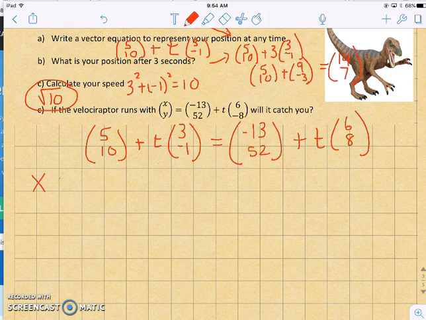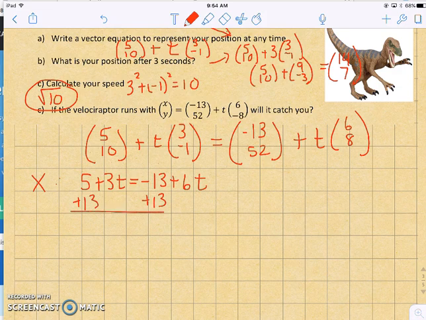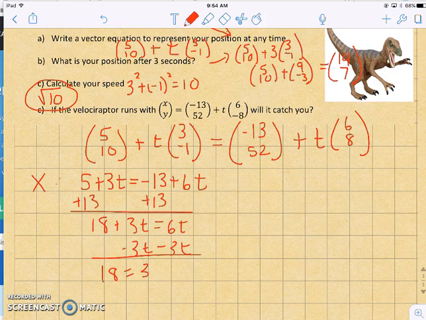Our x is 5 plus 3t equals -13 plus 6t. So we can check here, when will our t's be the same? We add 13, so 18 plus 3t equals 6t, minus 3t, so 18 equals 3t, so t equals 6.